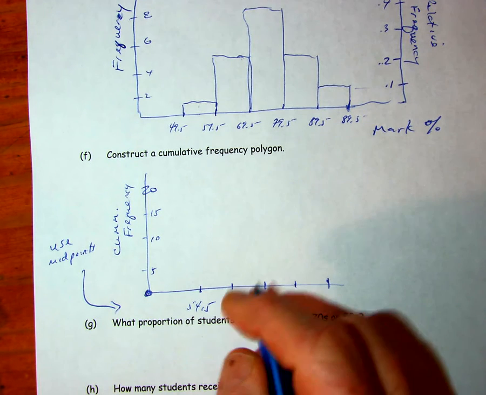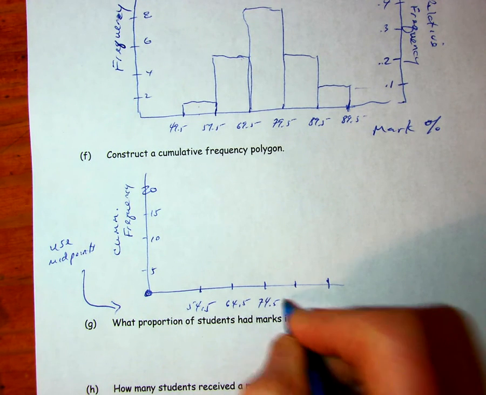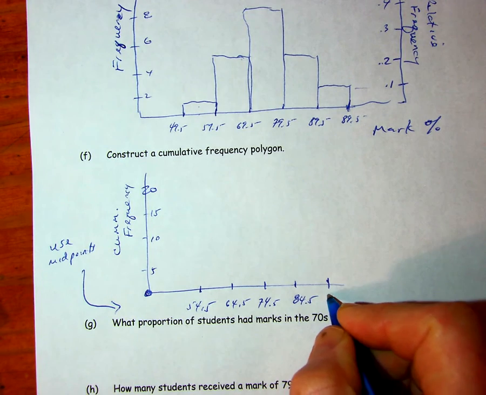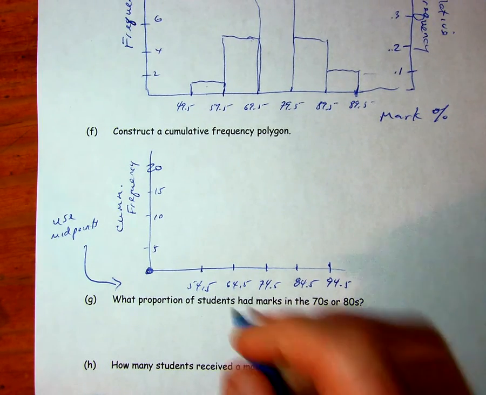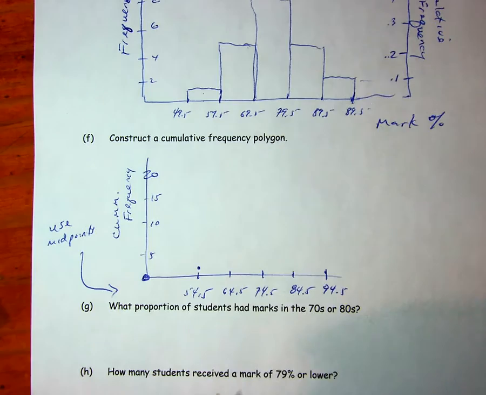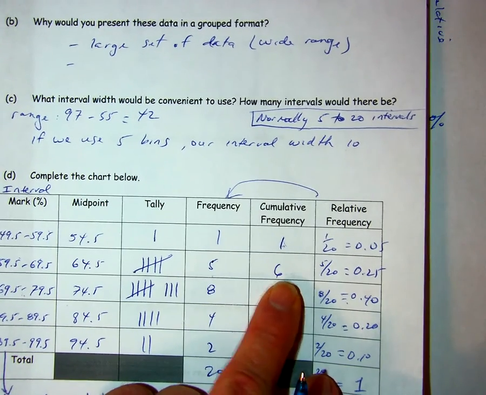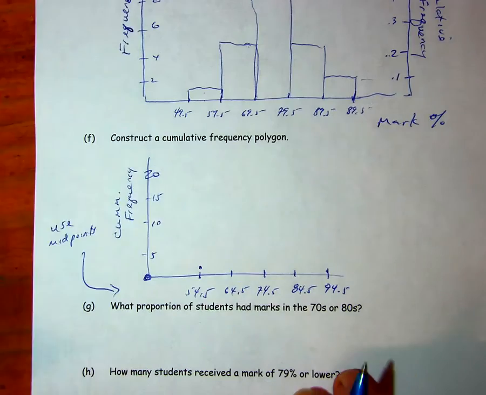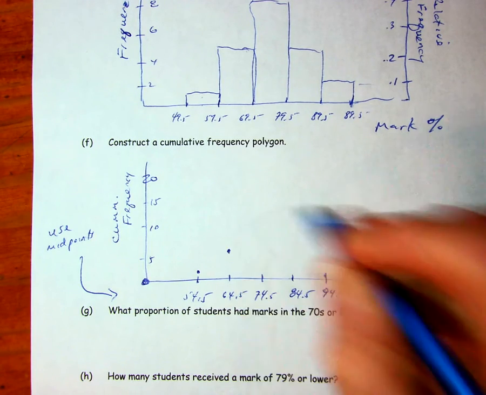This is 64.5, 74.5, 84.5, 94.5. And how would you do that? Well, you have one value at 54.5, right? And then we're just using this point. Now we have 6 for the first two categories combined. So first 2 is 6. Would be about there.